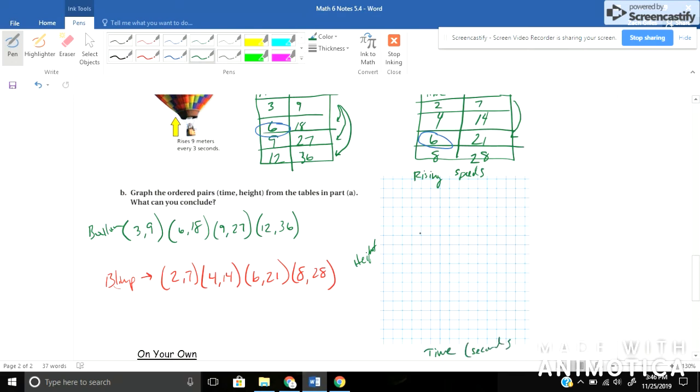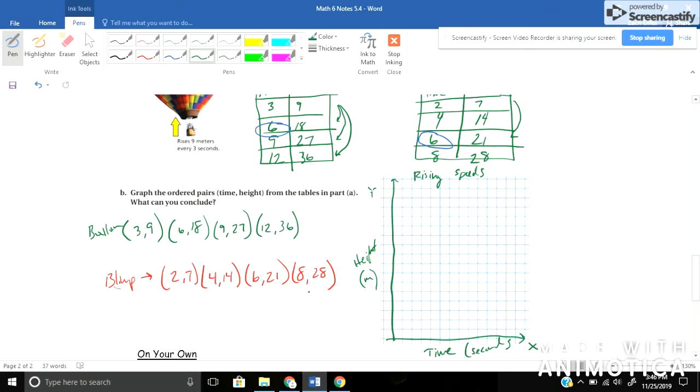Okay, and I have to make my axes here, so it's kind of hard to make them straight with my tablet, so I'll do my best. Remember, this is the x-axis and this is the y-axis, the vertical. My height is in meters. Forgot to label that. Okay, and then I'll graph each one of these.